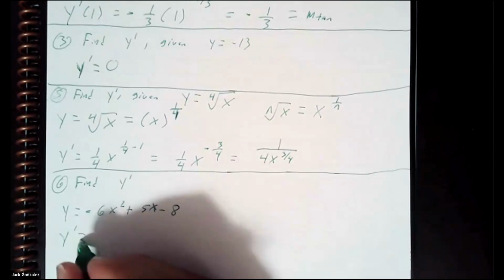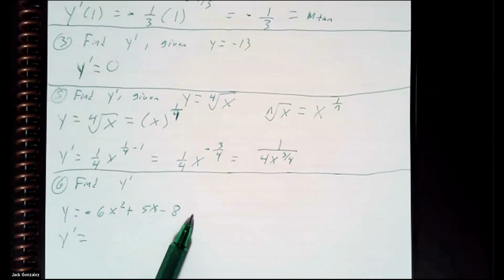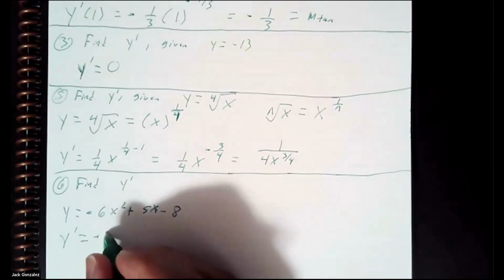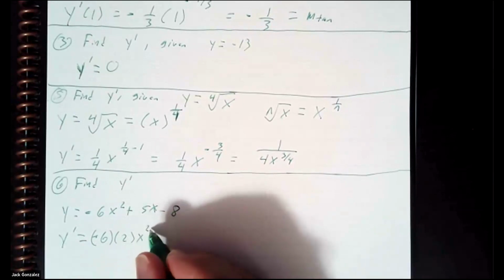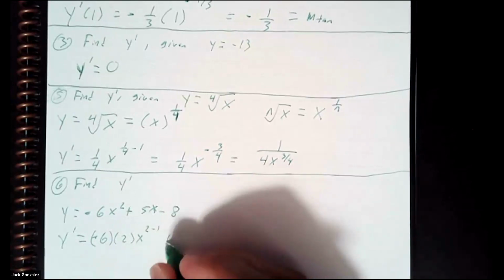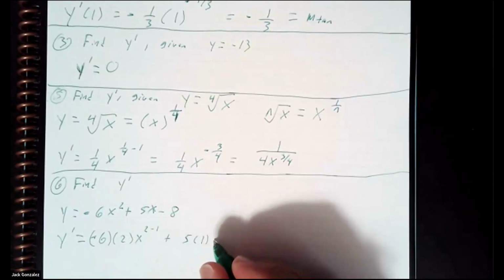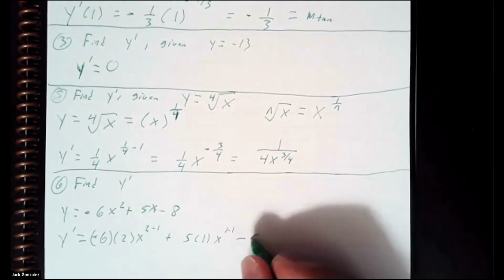So what is the derivative of this? There's a property that says you can do it term by term, so piece by piece. Bring down the 2, subtract 1, plus 5, bring down the 1, subtract 1, minus 0.